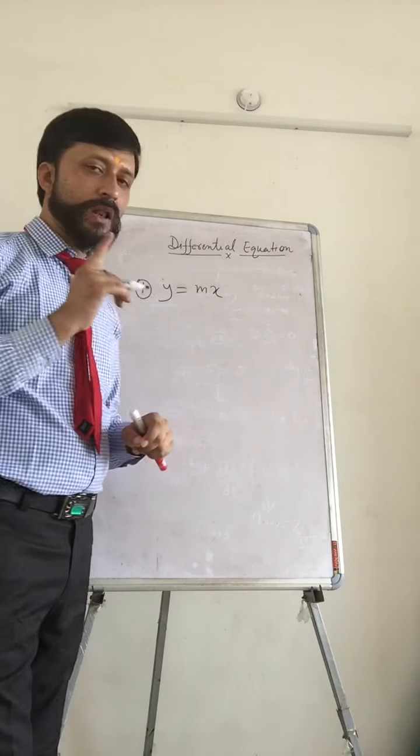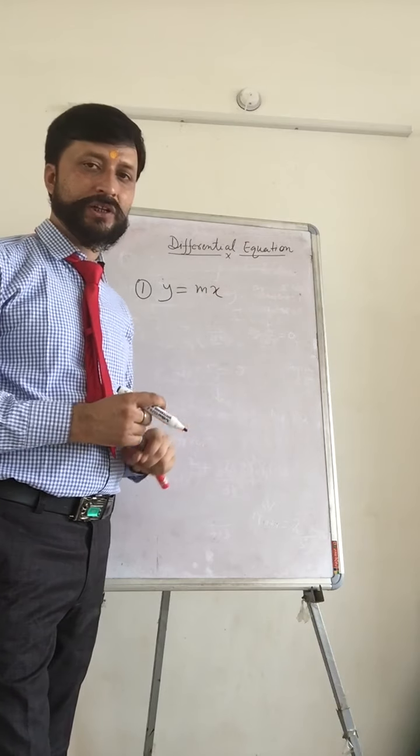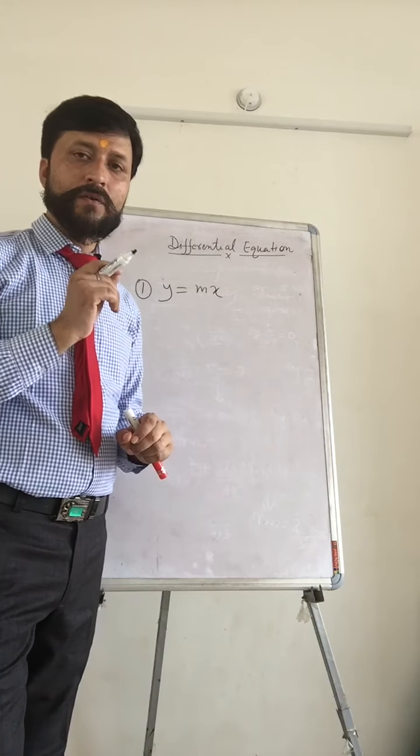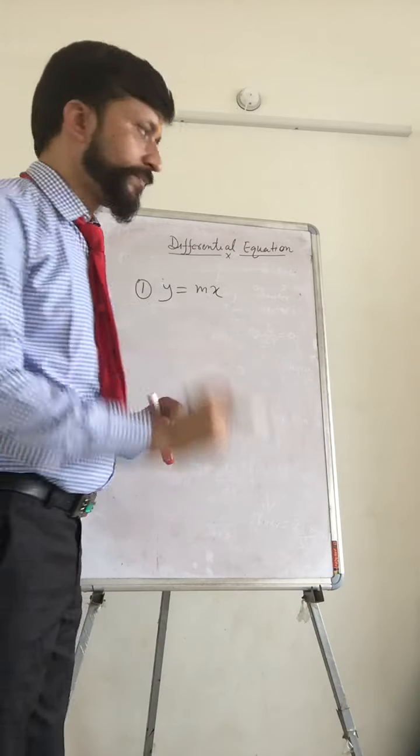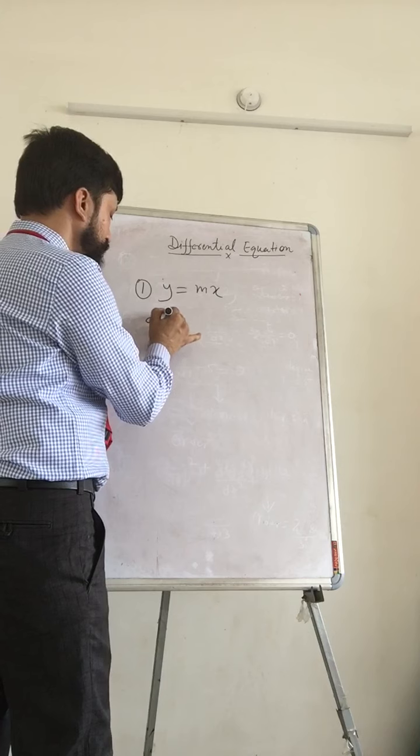So if there is only one constant in a given expression, this means you have to find derivatives one time. So first find the derivative of this, differentiate with respect to x.